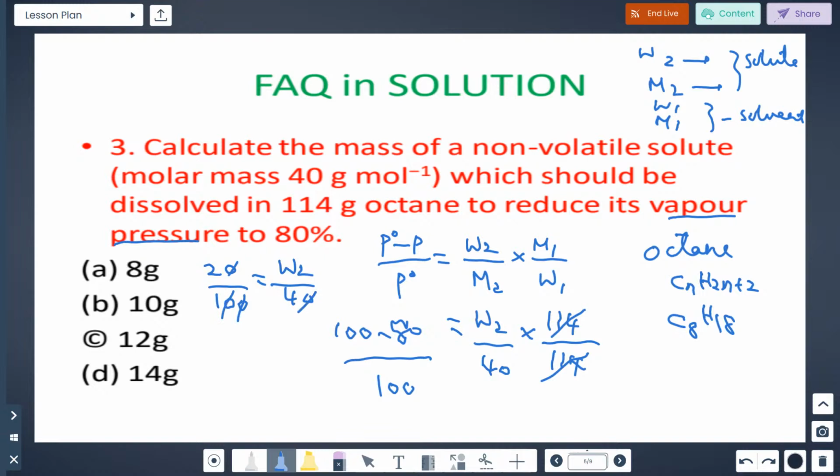This also you can cancel. Okay. Then multiply. Therefore, W2 is equal to 8 gram. So answer is what? Among the 4 options, A is the correct option. Understood? Okay. Are you following? First of all, you should know the formula. Then only it will be easy to understand. Okay. Next one.